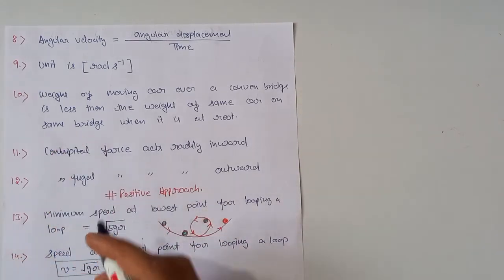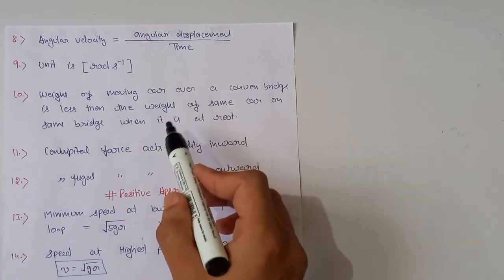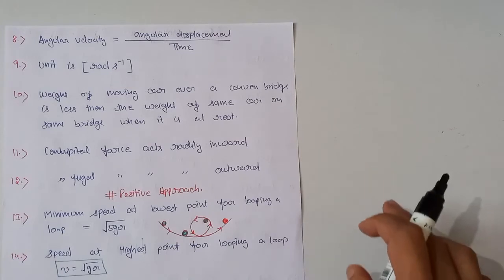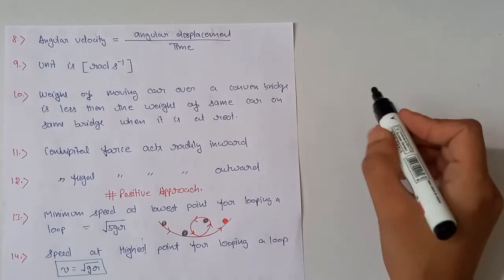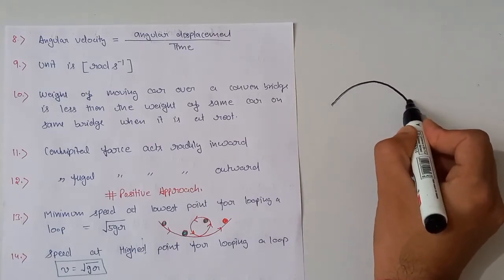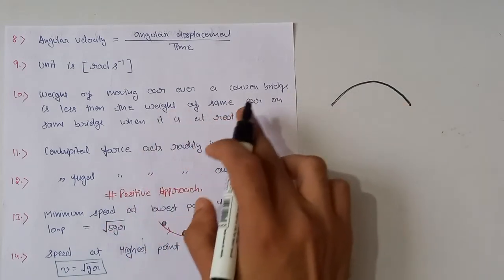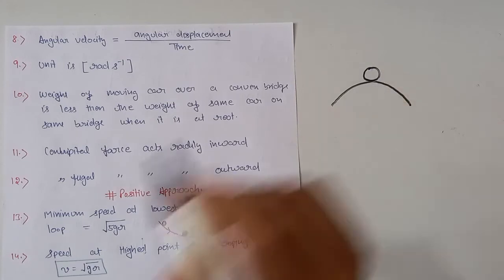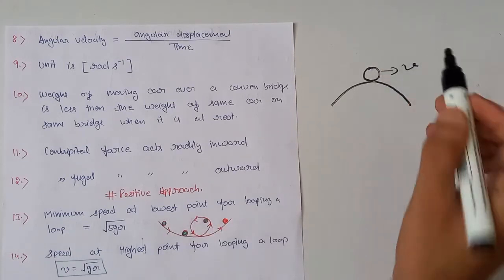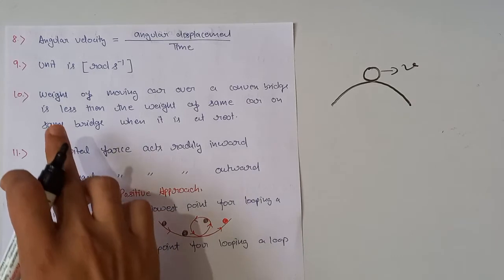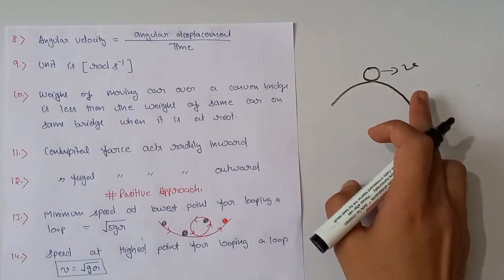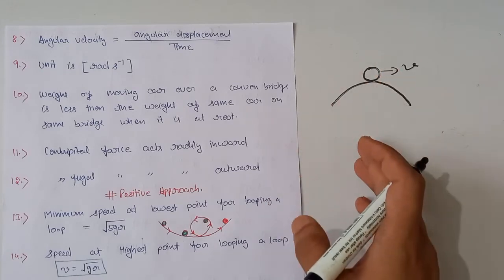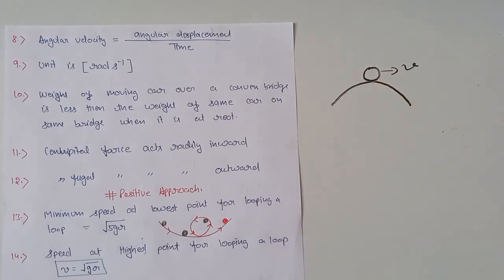Our next key point: the weight of a moving car over a convex bridge is less than the weight of the same car on the same bridge when it is at rest.